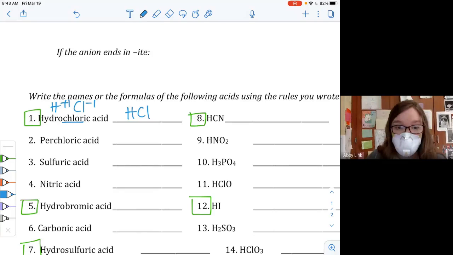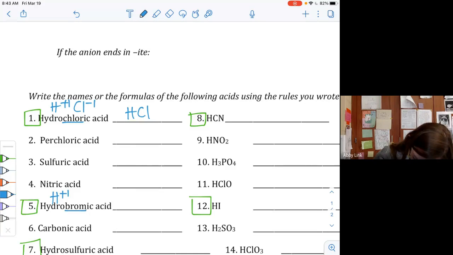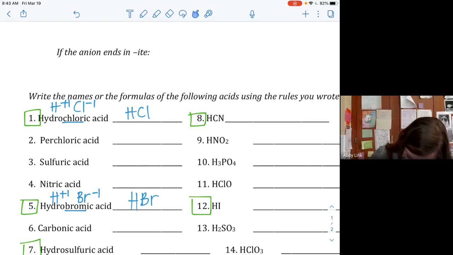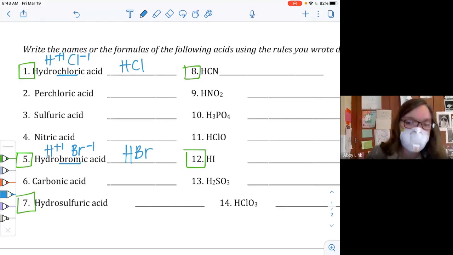Hydrobromic acid, again, hydrogen is the cation. That's always going to be the case. I see brome, so I'm thinking bromine, which is a -1 charge. So again, I just need one of each of those ions to have a neutral compound. So I end up with HBr for hydrobromic acid.